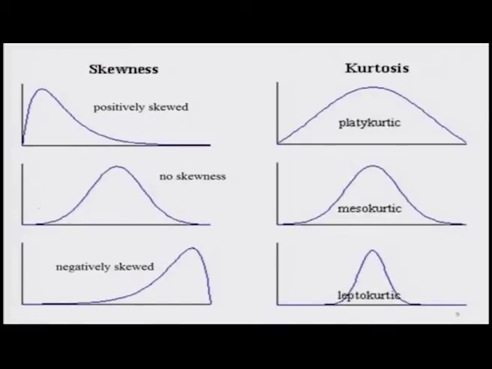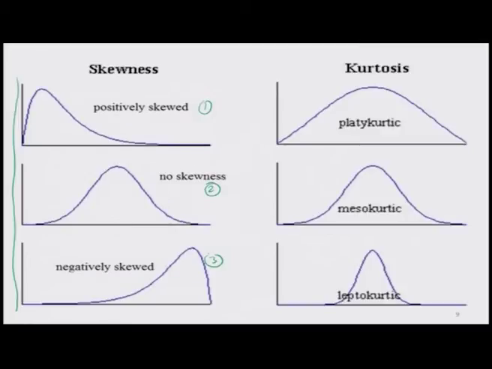Now we try to understand what we mean by these 2 characteristics, skewness and kurtosis. You can see here in the left panel we have 3 types of curves. Let me call them curve number 1, curve number 2 and curve number 3, so that you can follow me easily.